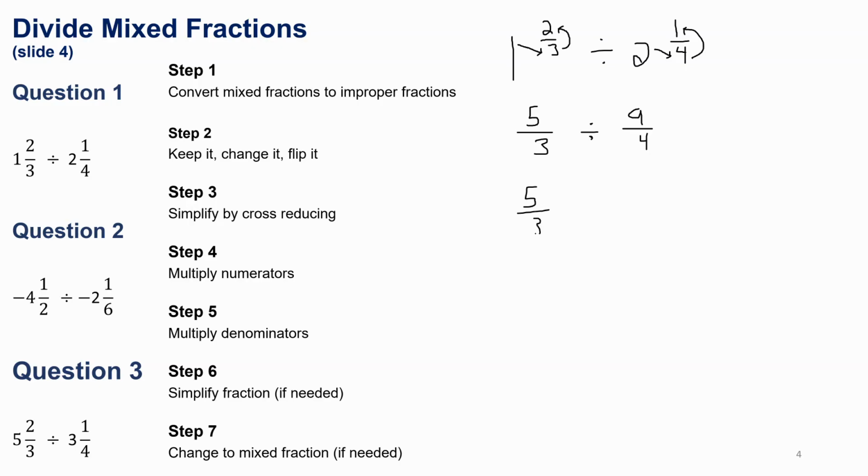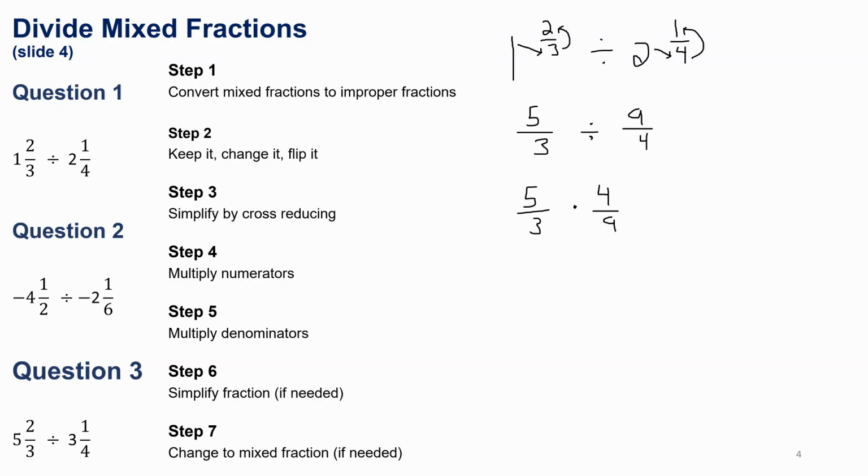We change the division sign to multiplication, and we flip 9 over 4 to become 4 over 9. Now we are just multiplying by another fraction. So dividing by one fraction is the same as multiplying by its reciprocal.